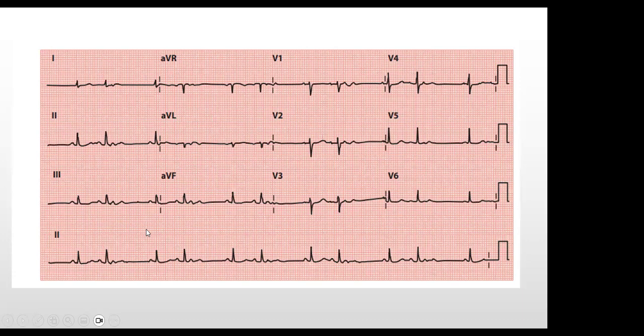Again, remember that if you look at the electrical activities of the heart, the reason why you have different deflections depends on the electrical impulses. It's also dependent on where the impulse is coming from. If you look at the P wave morphology, they're not looking the same all throughout. So it is either coming from the SA node or from the atrium.